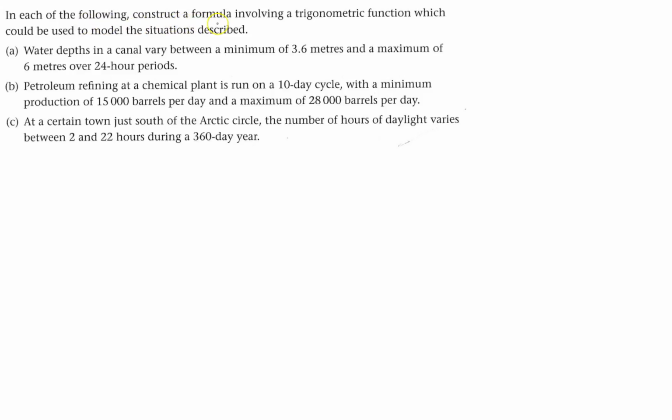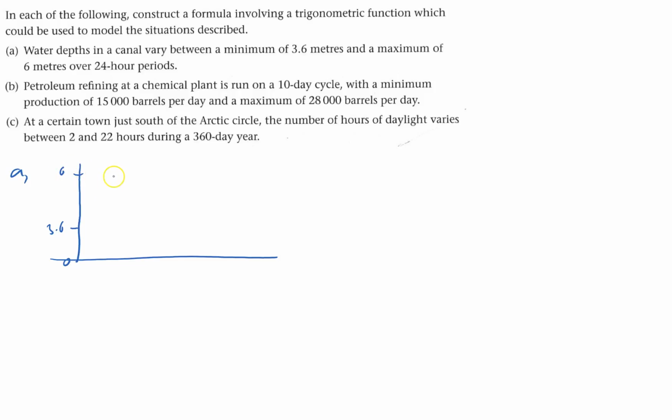Okay, for each part, construct a formula involving a trig function which could be used to model the situation described. For A, I'll tell you what, it makes it much easier if you draw a picture of what it looks like, or draw a graph. So it goes between 3.6, that's 0 there, and 6.